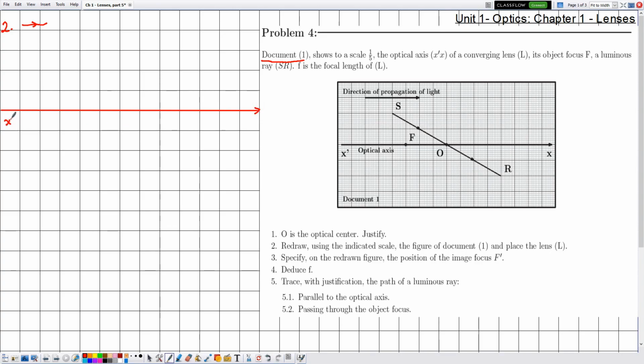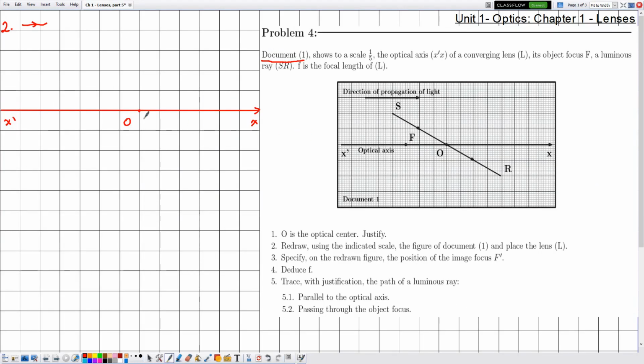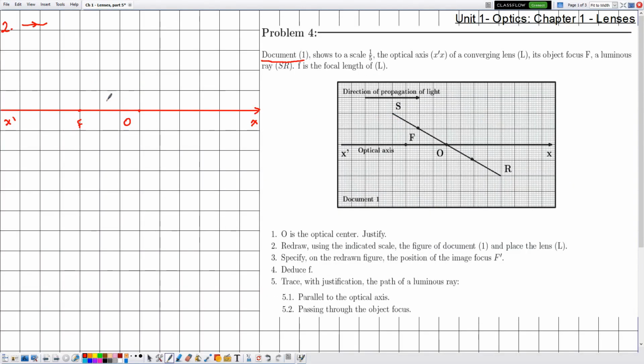So this is x prime and this is x. Now let's consider this point to be the point O. Now the point F is located 1, 2, 3 divisions in front of O. And the point S is located 1, 2, 3, 4 divisions in front of the lens and 2 divisions upward. So 1, 2, 3, 4 and 1, 2, this is the point S.